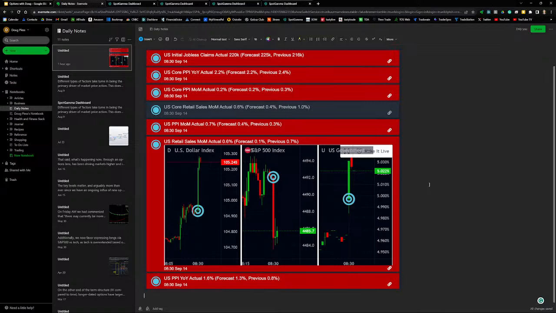Also, retail sales came in greater than expected. Also, jobless claims came in just a little bit lower than expected. And then finally, it's not shown here, but the European Central Bank, ECB, did raise rates today.